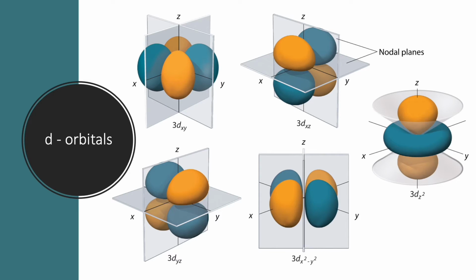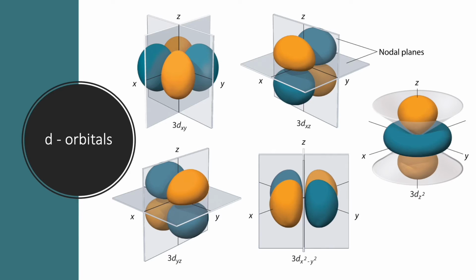D orbitals come in various shapes and they are named as they are oriented in 3D space. dxy orbital lies in the plane of xy. dxz orbital lies in the plane of xz. dyz orbital is in the plane of yz. Each orbital has 4 lobes and each lobe is pointing between the two axes on the plane.